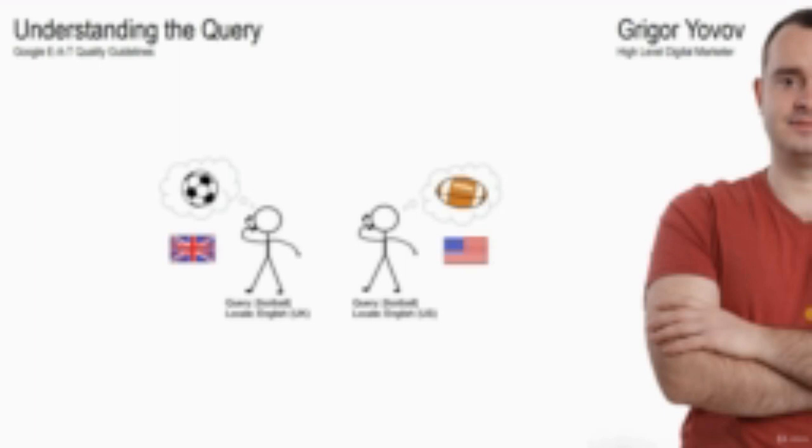So Google needs to make the difference between a search from one country and from another country, when one and the same thing actually has a different meaning in different countries.